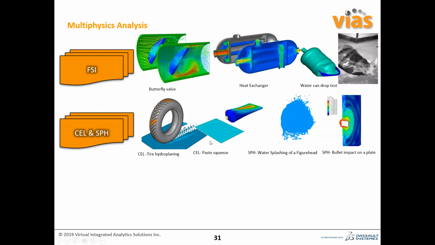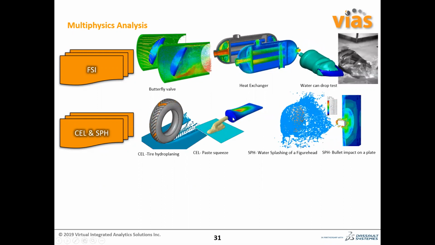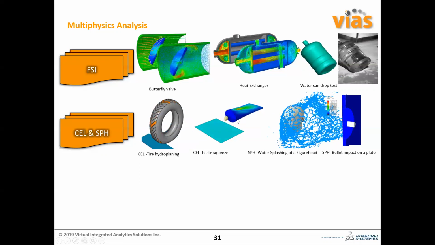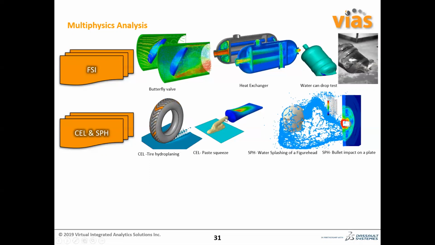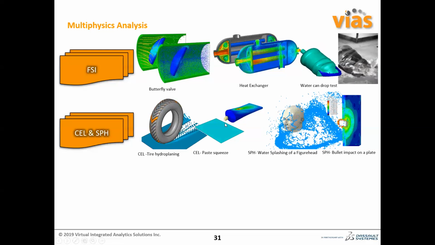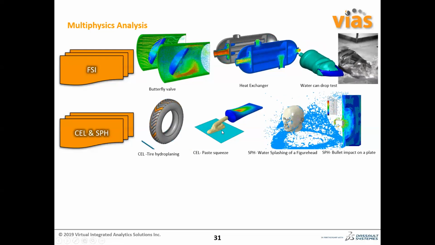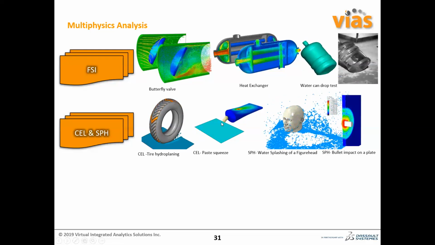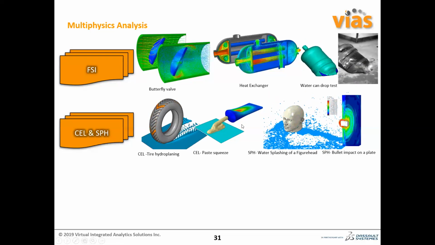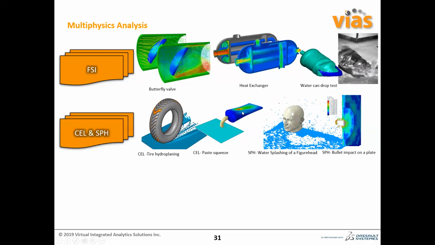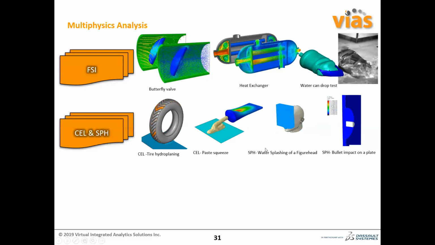And this is one of the cases where you have paste coming through a tube. In that case, the paste really behaves in a viscous fluid fashion, right? To model those kinds of scenarios, you can use the CEL technique with the accurate material behavior of the paste.